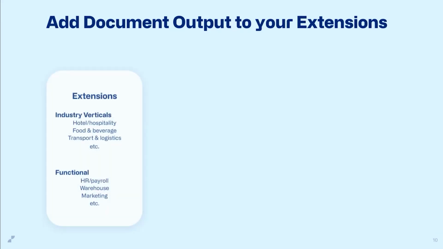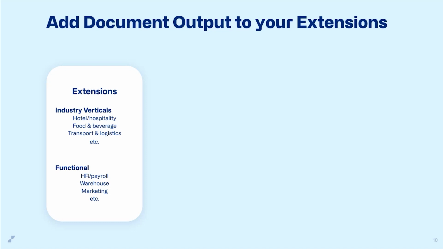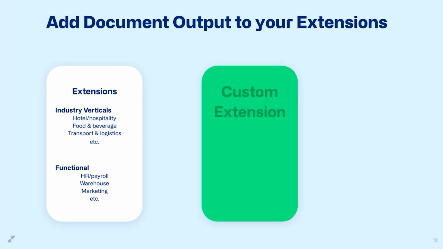So why did we build the extension builder? That is because many of you build custom extensions, either aimed at the industry verticals, like hospitality, food and beverage, and so on, or functional internal HR, payroll, maybe warehousing or marketing. And these extensions will often need to send out emails.